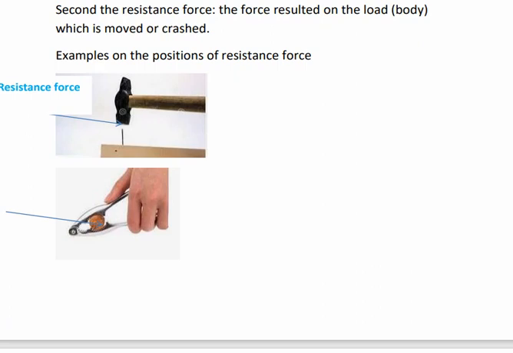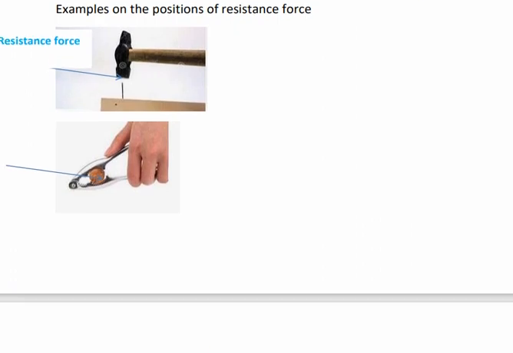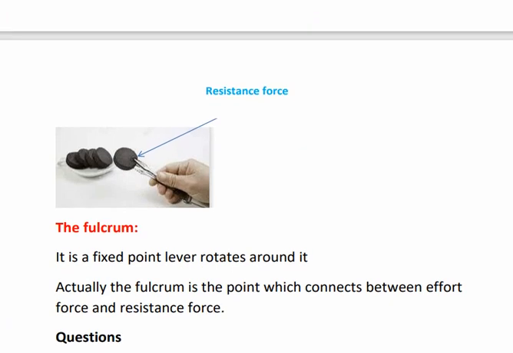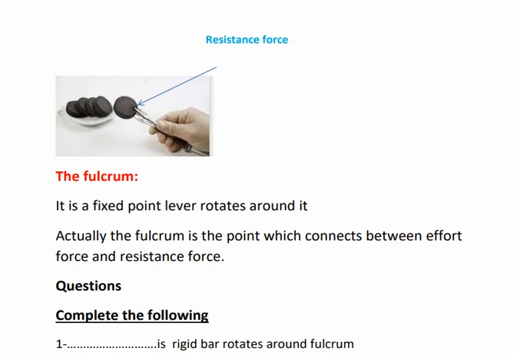The part in which the nut is broken represents the resistance force. And here, a holder holds a piece of cake. The place which holds the piece of cake represents the resistance force.